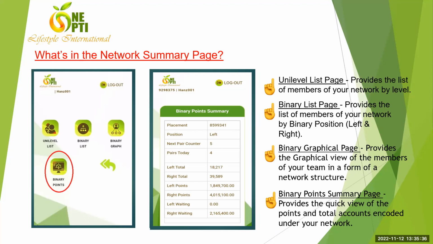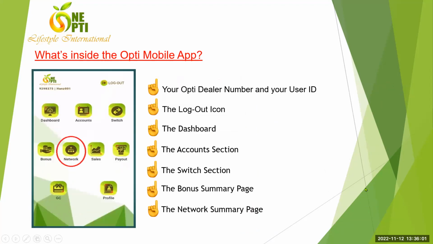So it is where you will see if you are approaching your maximum pairing per day. If you are under gold status, you are under 24 pairs per day. And if you are under a platinum account, you are under 48 pairs per day. So I recommend to really study this one and understand every category we have here. If you have questions, feel free to ask me, or you can ask your uplines.